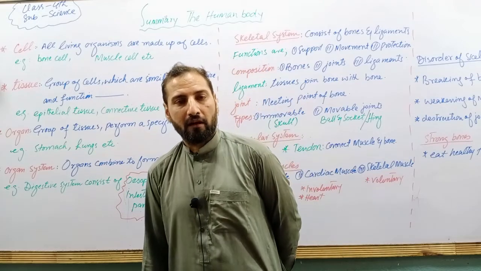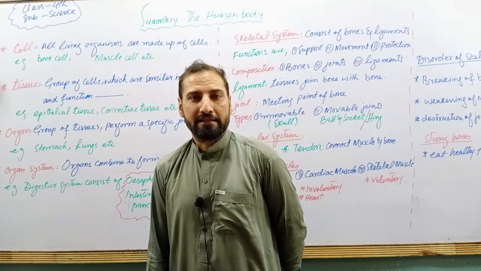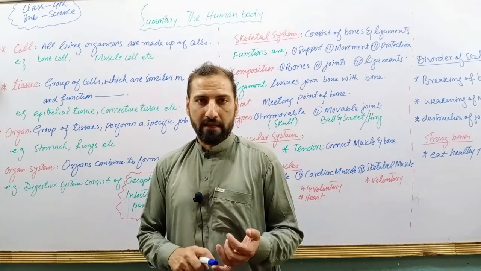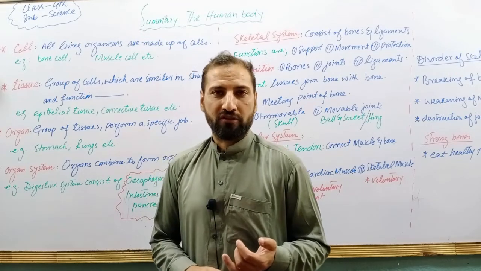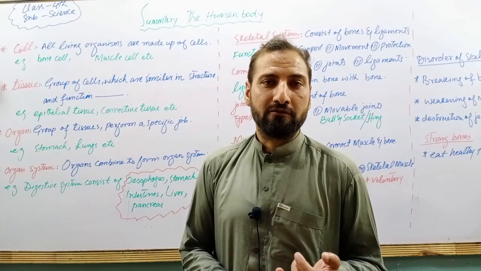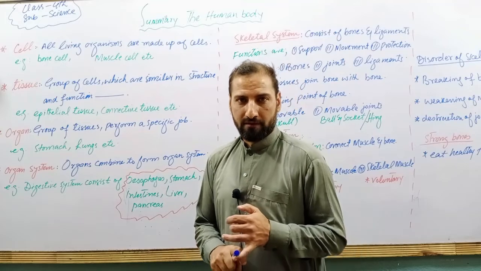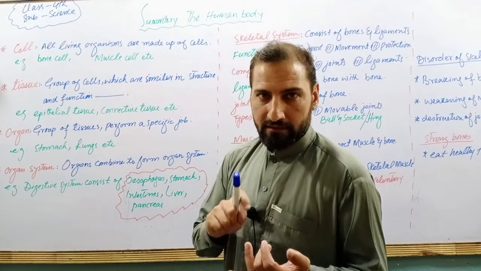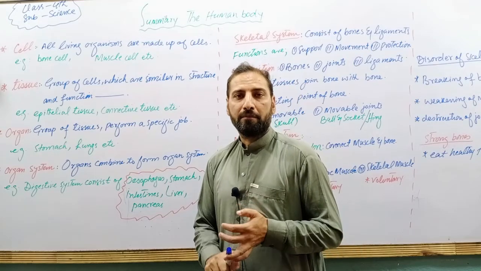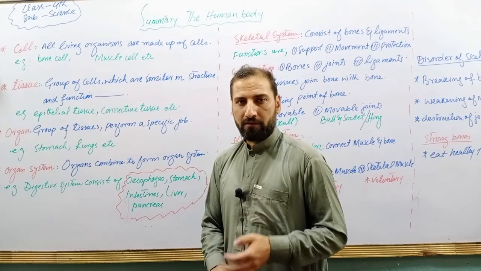The muscular system consists of muscle cells, right? Cell is the basic structural and functional unit of all living organisms, including human beings. Bone cells and muscle cells are examples of cells, right?